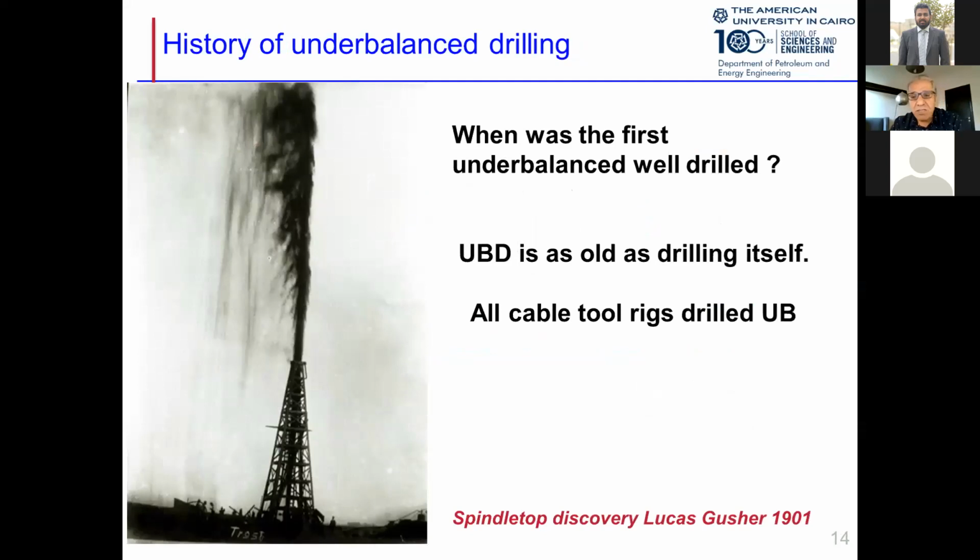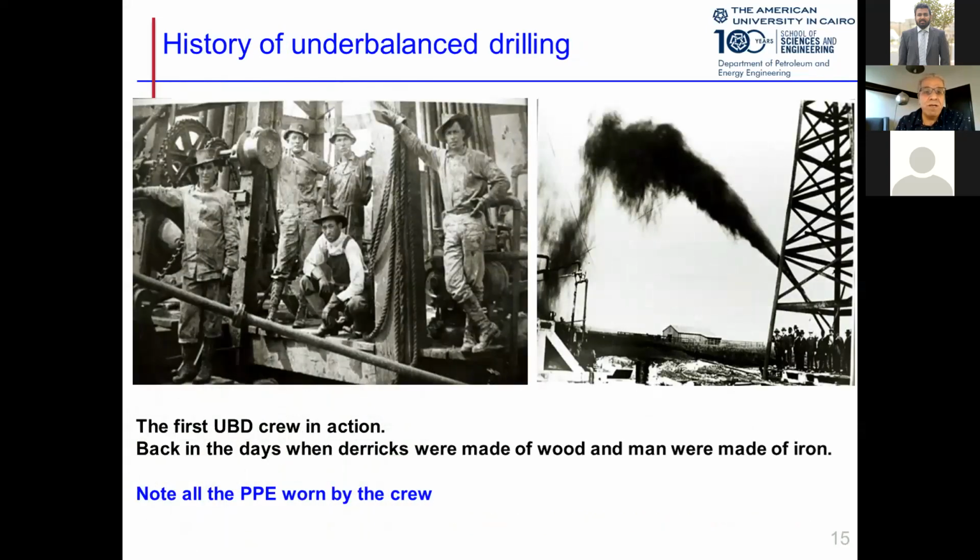This is just a picture of a Spindletop discovery, where you can see basically a blowout, and this could continue for months or for a year or so. And again, this is a sign of having a well drilled underbalanced. This is another picture, actually.